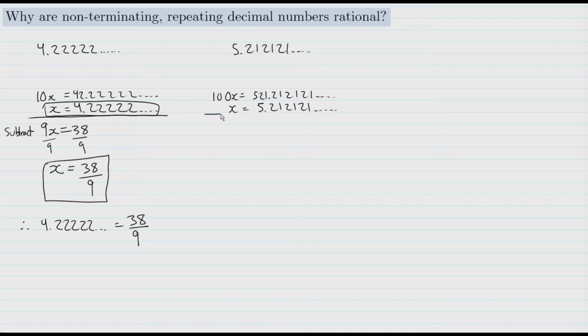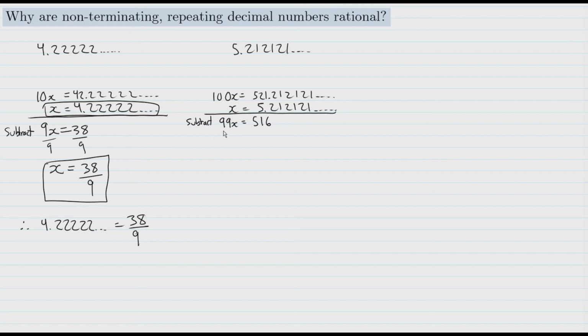Again, we'll subtract, and this time what do we get? Well, 100x take away 1x would give us 99x. 521 minus 5 is 516. And again, all those numbers after the decimal subtract off to give us 0. So we get simply 516 on the right side of our equation.